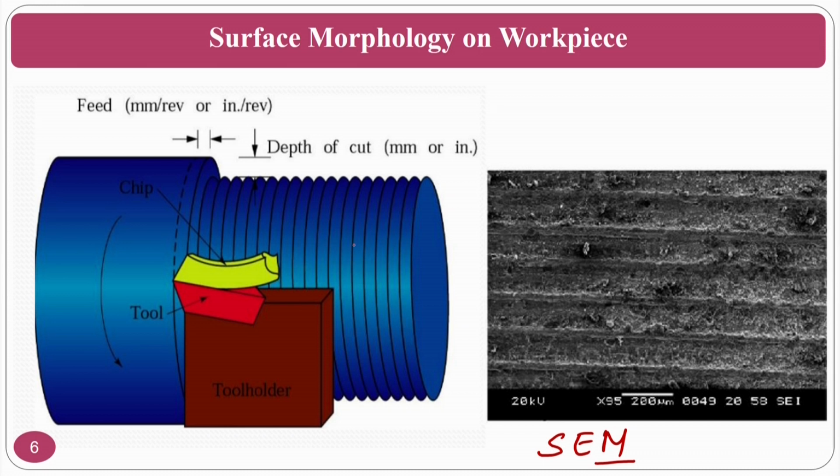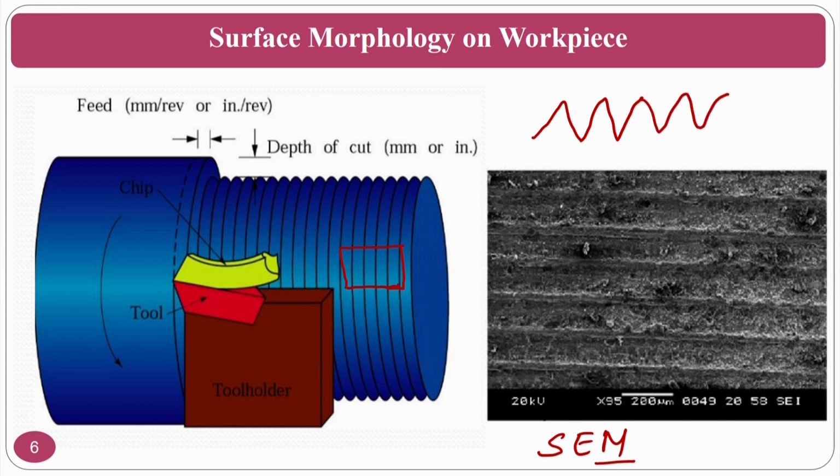If I take a part of this, cut it using a precision saw and place it in a scanning electron microscope, being a metal, there is no requirement for gold coating and all those things. So you will get this type of variation. If I want to represent it, for simplicity's sake, the surface roughness looks like this in a turning process.